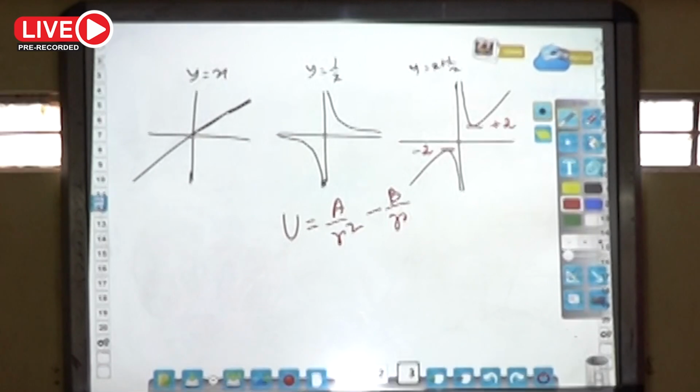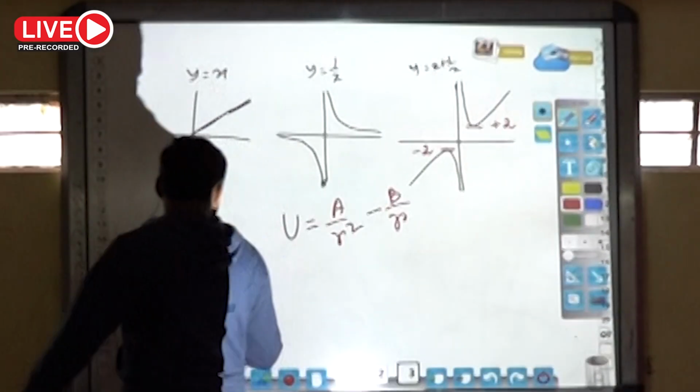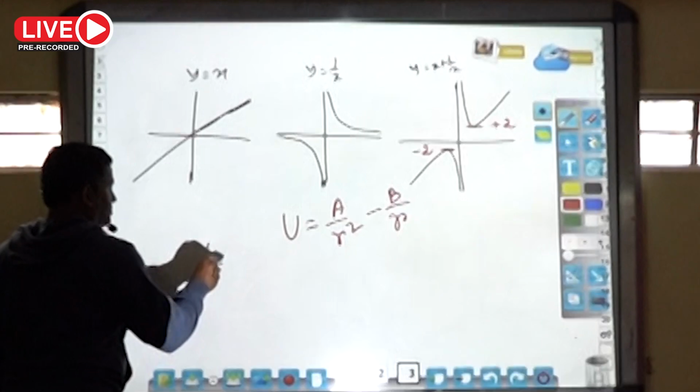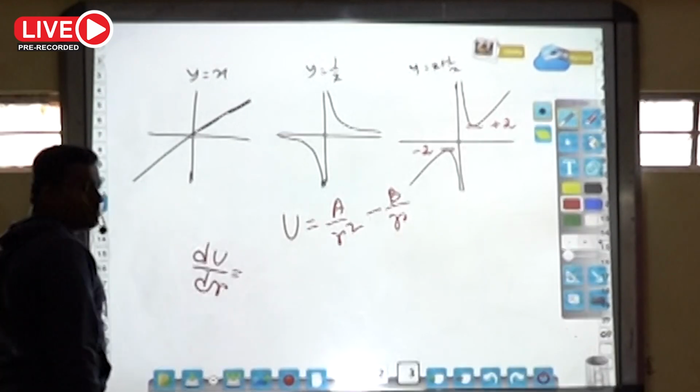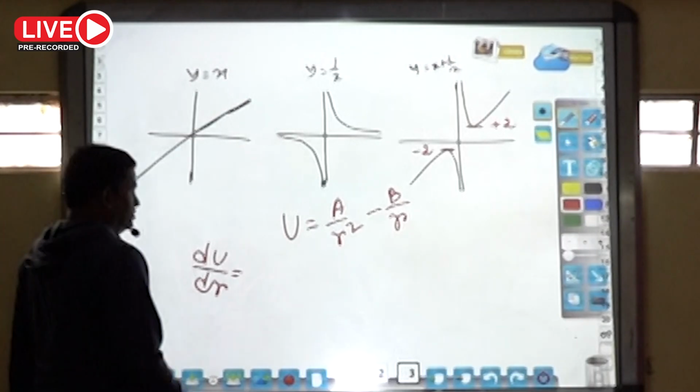U is given, first calculate the first derivative, that is dU/dr. It will be r to the power minus 2 actually.